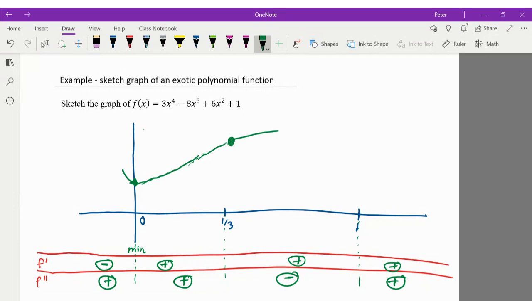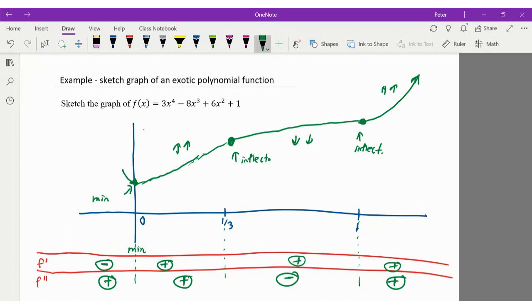Notice that as I point to this, the first derivative shows that it's still increasing. So even though it's concave down, the function is increasing, and then it switches back to increasing and concave up. So I've got concave up, concave down, concave up here, and this is a min. This is an inflection point. This is also an inflection point.